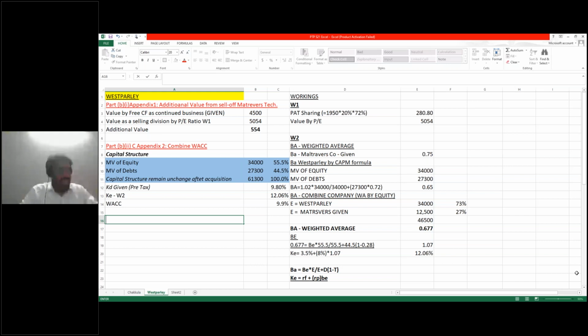Okay. And what's the requirement? That is what value is created for West Parley shareholders.